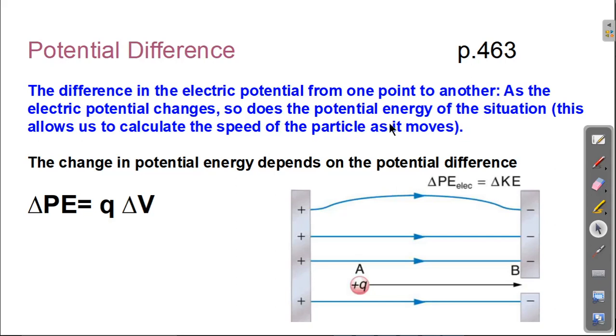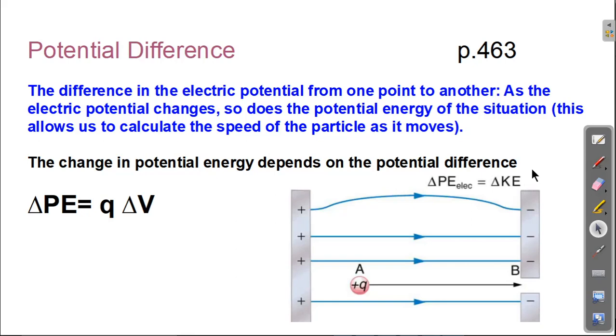That should make sense because, as we saw in this formula, the potential energy is related to how much electric potential you have. I know it's a mouthful, just bear with me. This allows us to calculate the speed of the particle as it moves, because if we know the potential energy, we can calculate kinetic energy, and in kinetic energy you have velocity. So knowing potential energy tells us how much kinetic energy we have, and that allows us to calculate how fast that particle is moving.